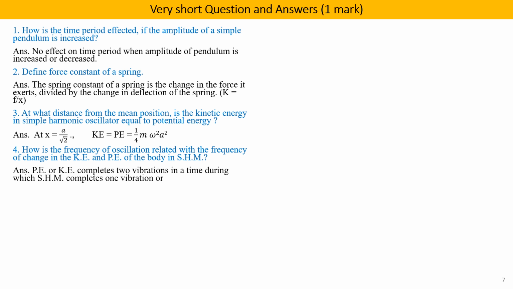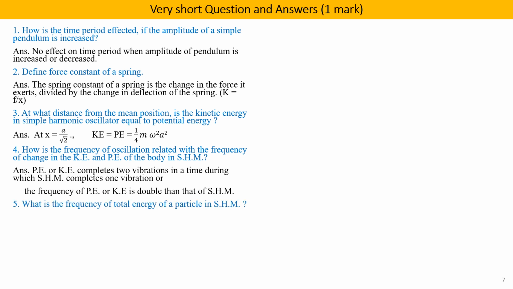That is, if simple harmonic motion completes one vibration, then potential energy or kinetic energy complete two vibrations. Or the frequency of potential energy or kinetic energy is double that of the simple harmonic motion.